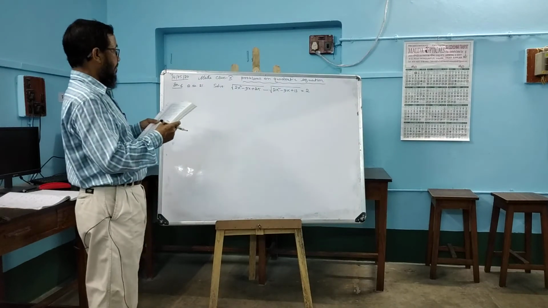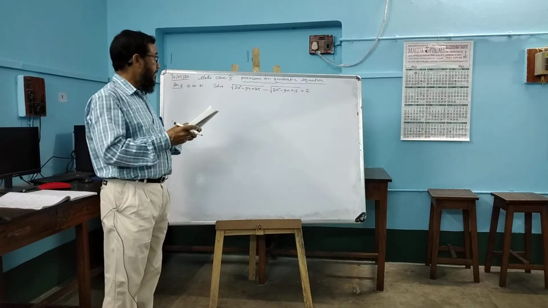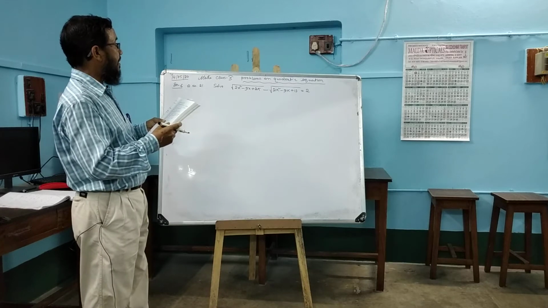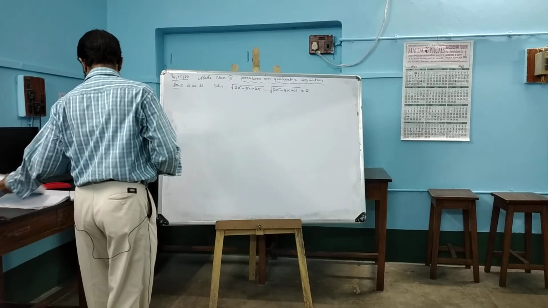Solve the equation root over 2x square minus 9x plus 25 minus root over 2x square minus 9x plus 13 equal to 2. Very important type question.